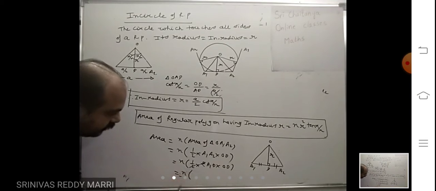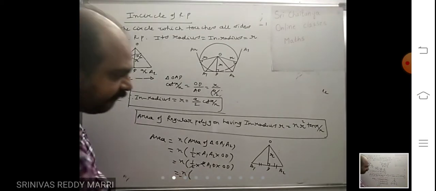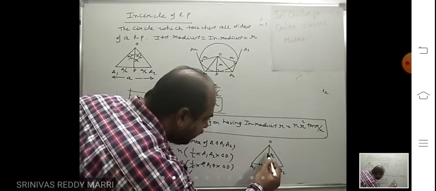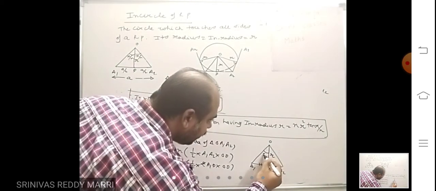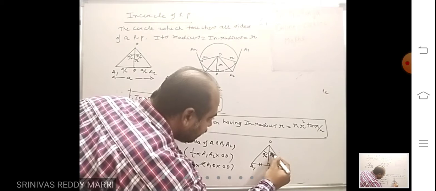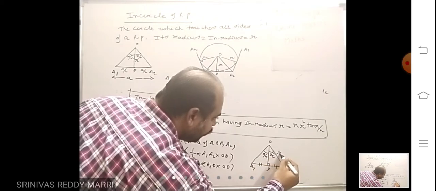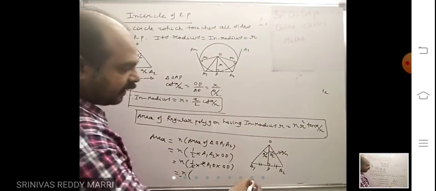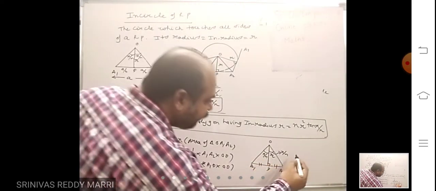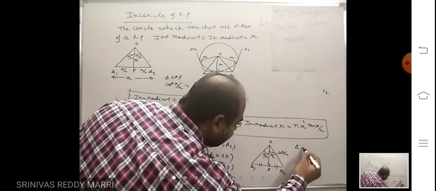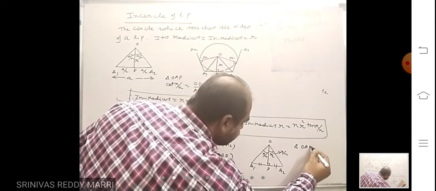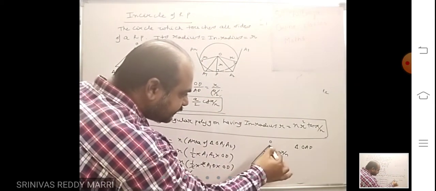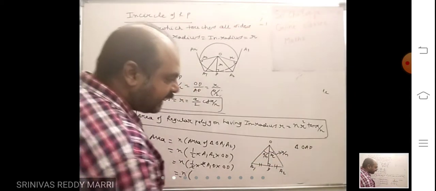Now I am calculating A1D. In triangle OA1D, this angle is pi by n. Both angles will be pi by n because this is an angular bisector. Observe carefully in triangle OA1D: only this radius I know, the adjacent side. The opposite side I have to calculate.